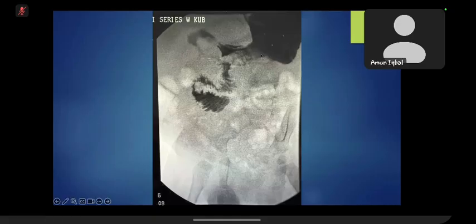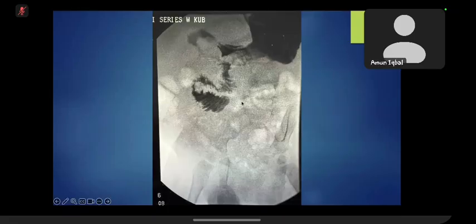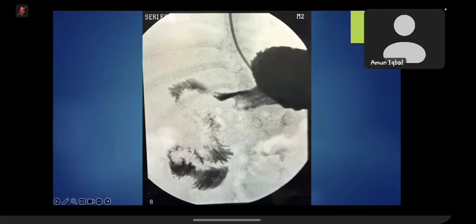Yeah. Second part of the duodenum. So what is happening after the second part of the duodenum? There is a stricture, I think, of the second part of the duodenum. Yeah, I'll show you one more image.